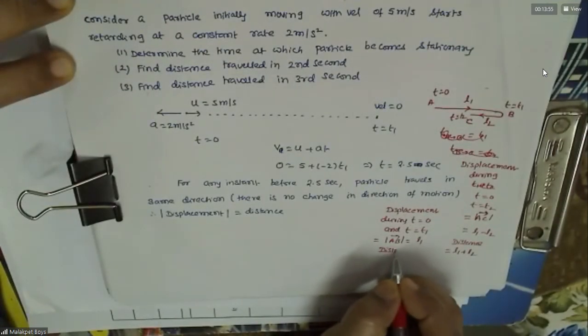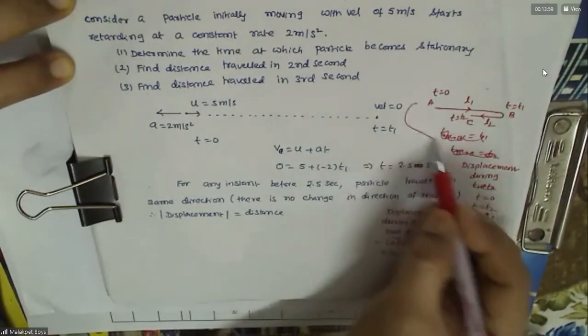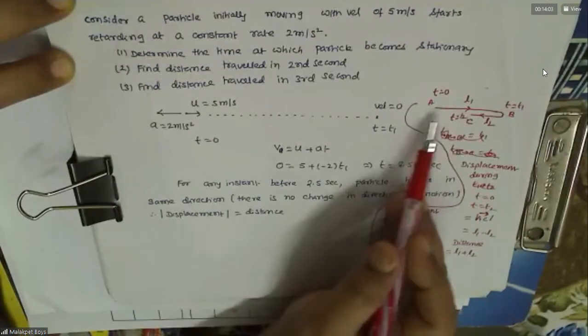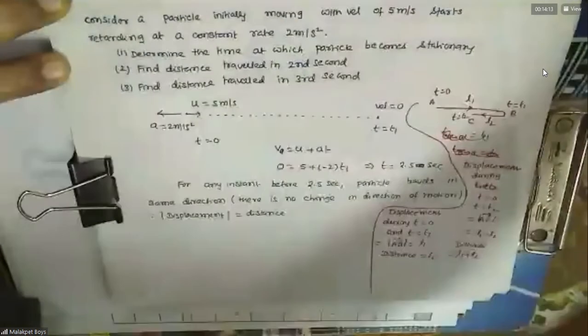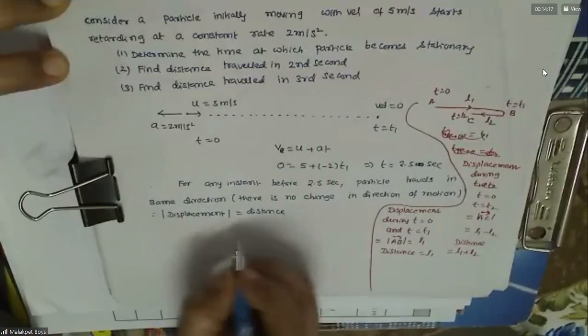Distance is also L1. Follow this? Why? Because there is no change in direction of motion. Any doubt till here? No, sir, no doubt. So for any instant before the particle turns, there is no change in direction of motion.